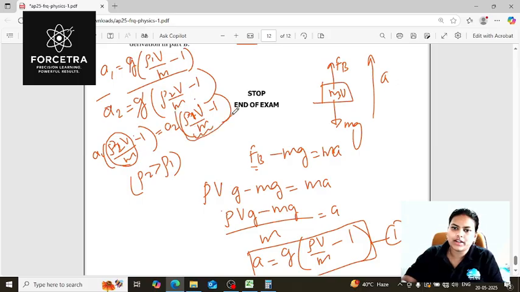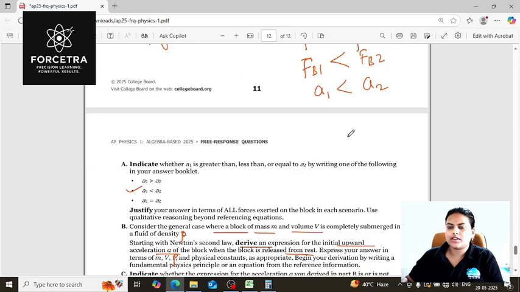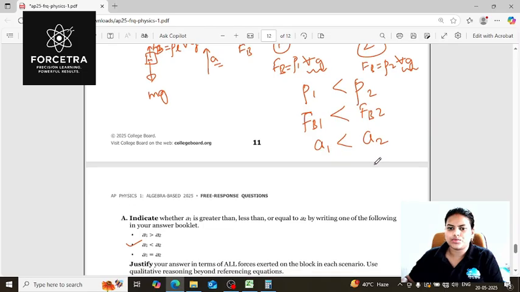So this whole term would be less and this whole term would be greater. So A1 has to be lower and A2 has to be greater. So I can write that A1 is less than A2. From this also it is proved that A1 is less than A2.